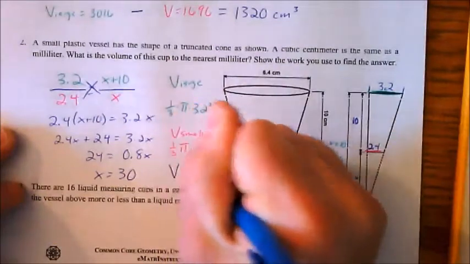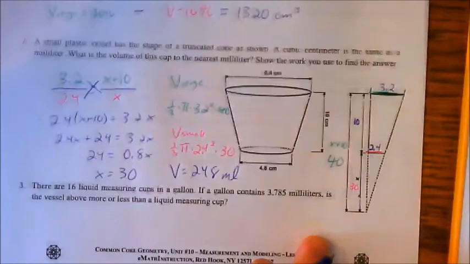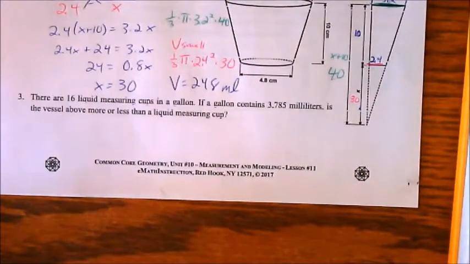And then I'm going to do the volume of the small, 1/3 pi, this time using 2.4 for the radius, squared, times its height, which is 30. I'm going to type all of this into my calculator all at once.